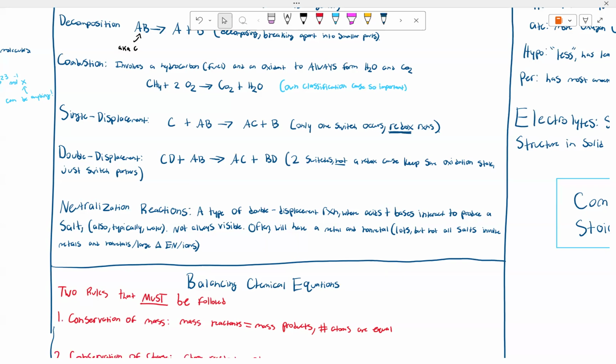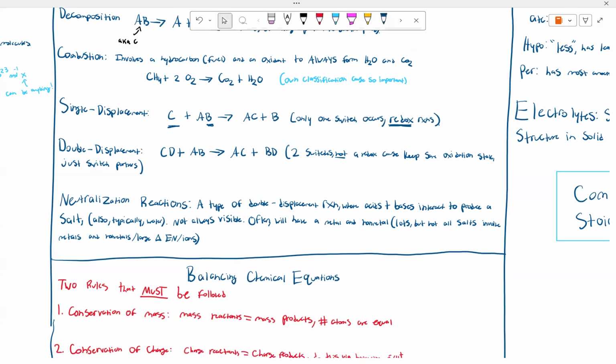So C plus AB, and then I switch B with C to form AC plus B. This is when only one switch occurs. Whenever you have an element by itself, it'll always have an oxidation state of 0, and that is indicative of a redox reaction. So single displacement is a redox reaction when one switch occurs.